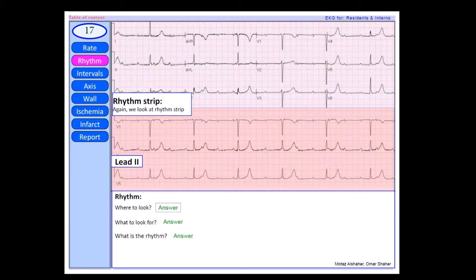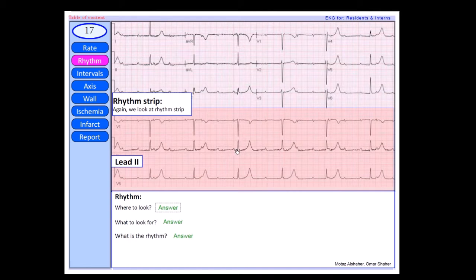So how should we describe this rhythm? Now this rhythm is sinus, and because it's fast, we call it sinus tachycardia. And due to the absence of relationship between P waves and QRS, it is sinus tachycardia with 3rd degree AV block. Now the origin of the ventricular beat is not coming from the sinus node because it is slower than the sinus rhythm.